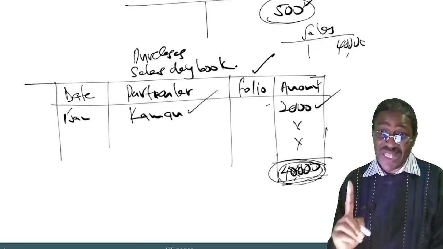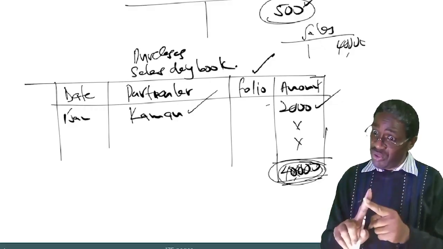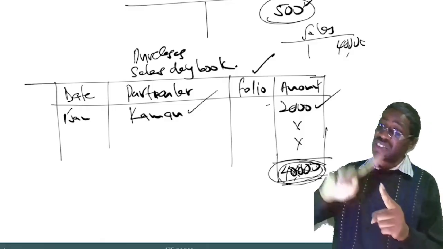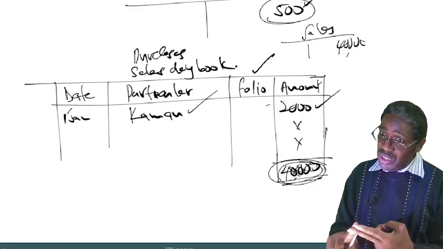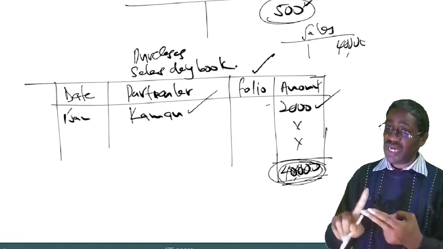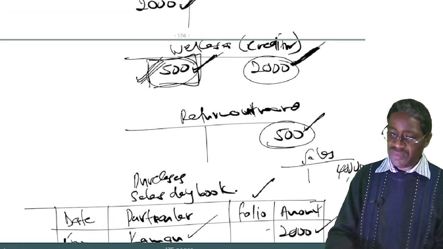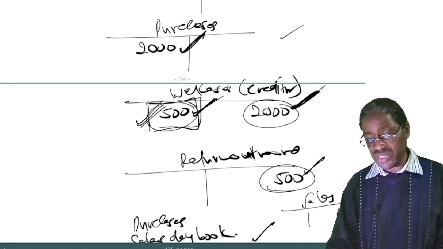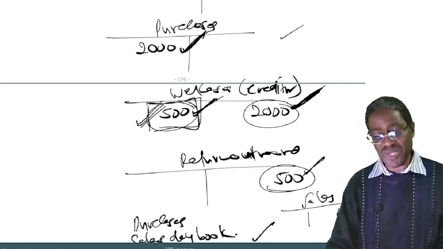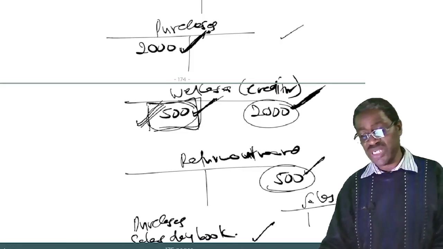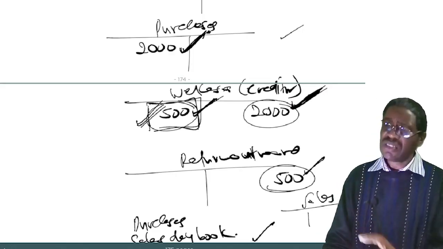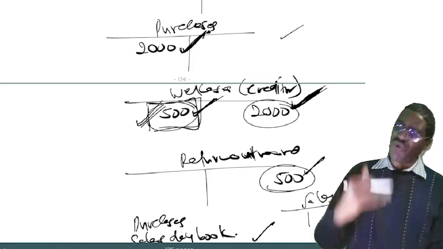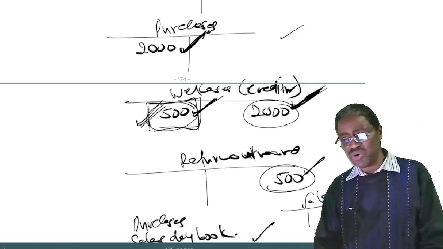You transfer them. If it is the sales day book, you transfer it to the sales account. If it is the purchases day book, remember you credited Wekesa as a creditor here. When you purchase goods on credit, we said you normally debit purchases, you normally credit the creditor here. But again, if you also purchase from Koril, you must have credited Koril's account.